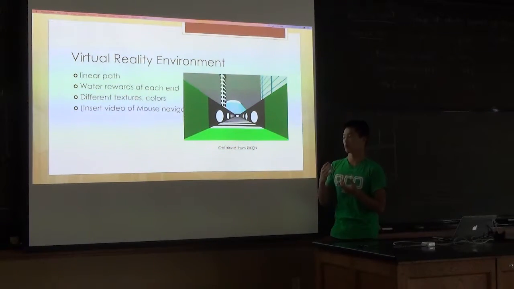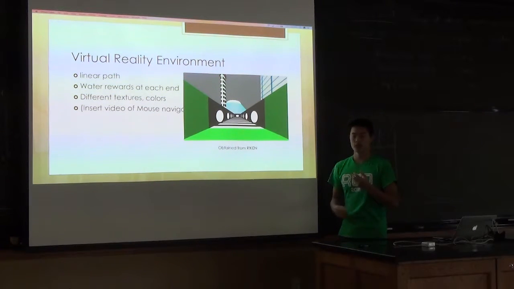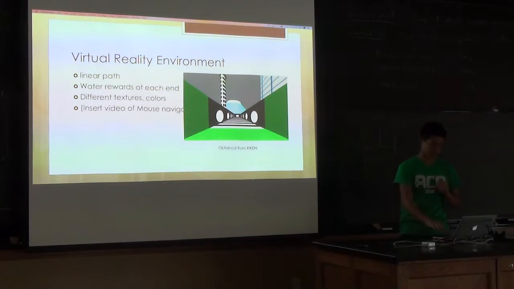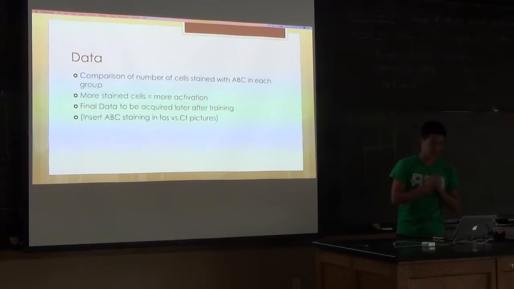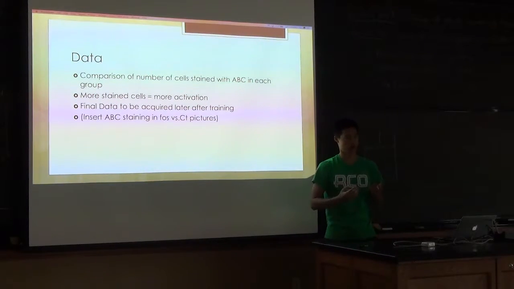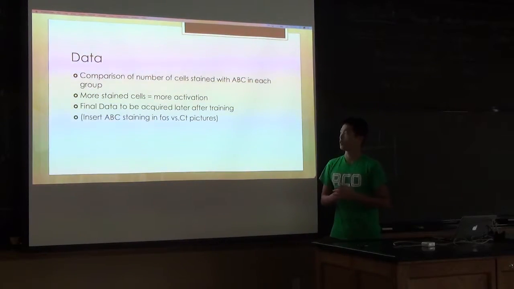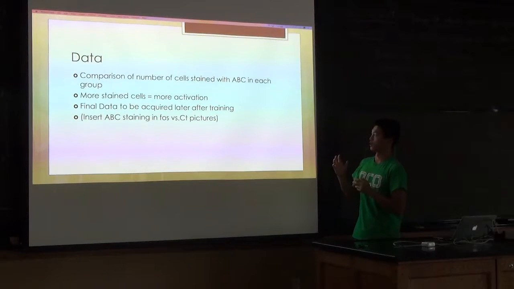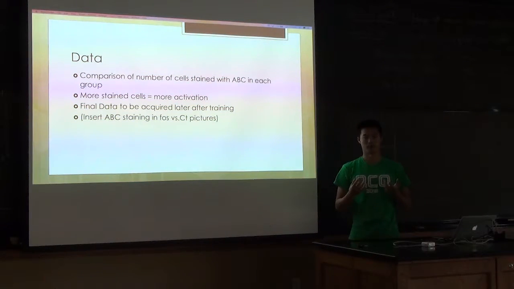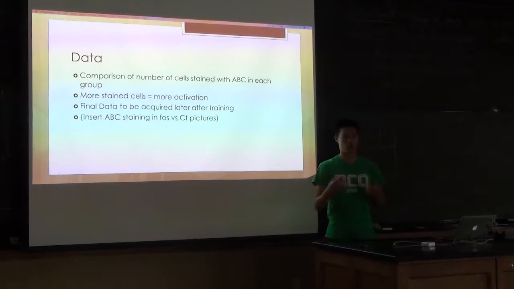And so we can change the environment with different textures, different colors, etc., and then see how the mouse responds to this. Although we haven't gotten the end data yet, we hope to see whether or not these cells are actually activated by this exploration by comparing the number of phos stained cells in each group.